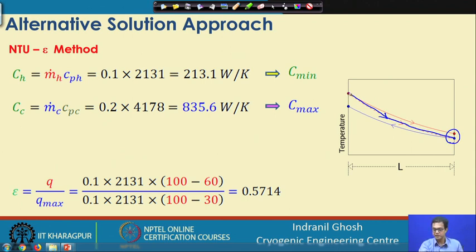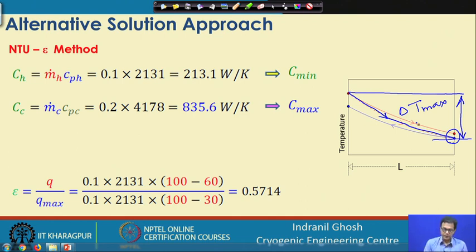So, this is the maximum difference in temperature that can happen, the delta T max that is possible with the minimum capacity fluid.